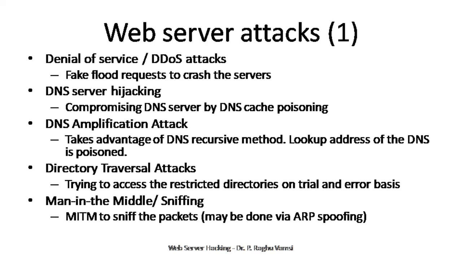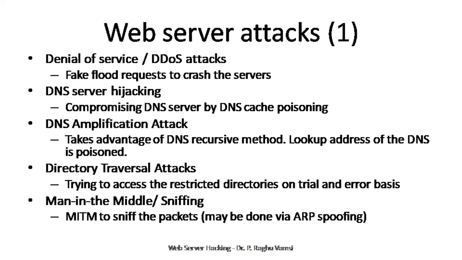The next one is DNS server hijacking. On any computer or any web browser, whenever a website is typed in the browser, there will be a DNS service which is bound to port 53. That DNS service will take the particular string and resolve it into an IP address, the related IP address of the website.